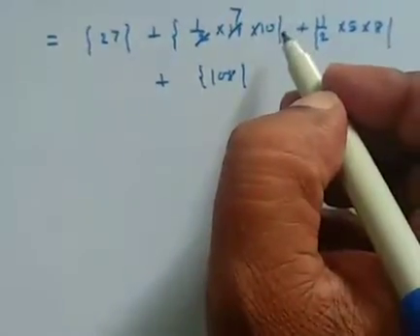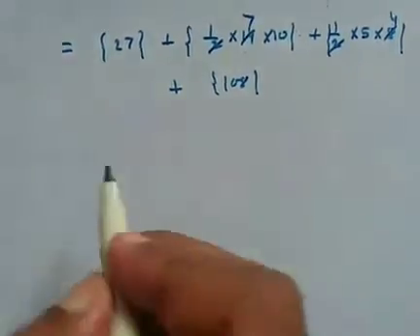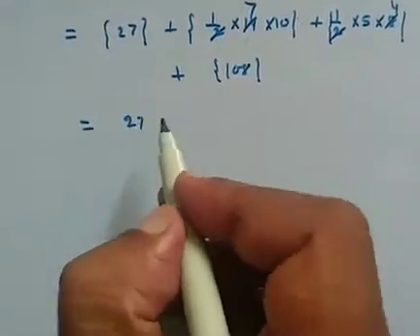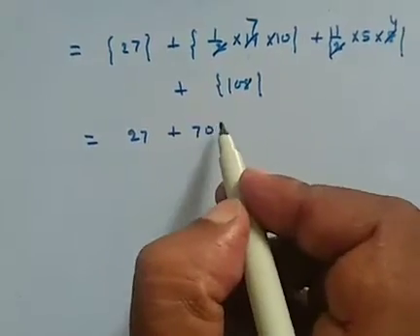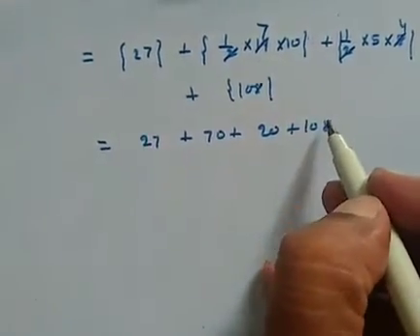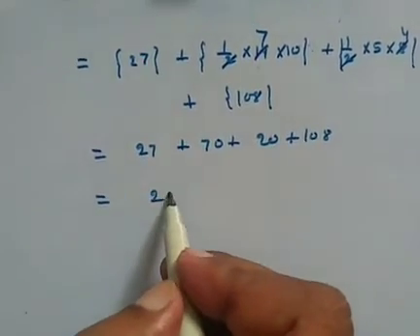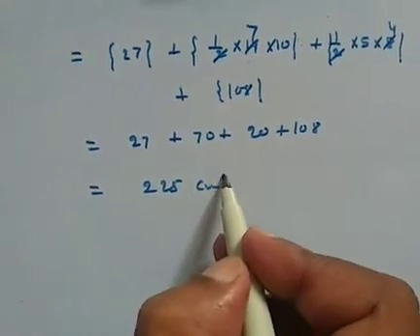That is 7 times 10 is 70 and 2 times 10 is 20, so equal to 27 plus 70 plus 20 plus 108 equal to 225 centimeter square.